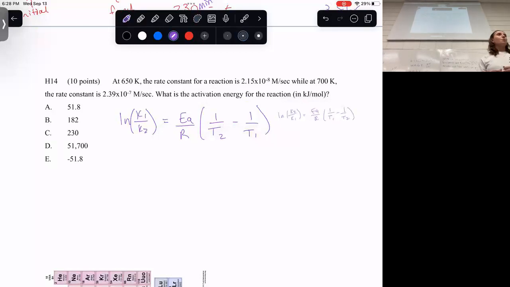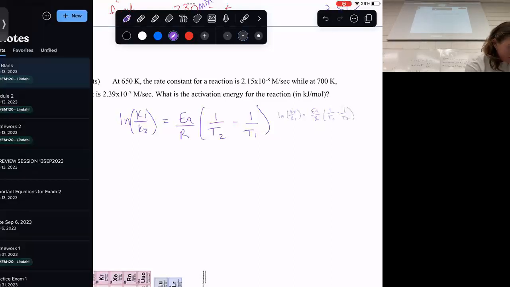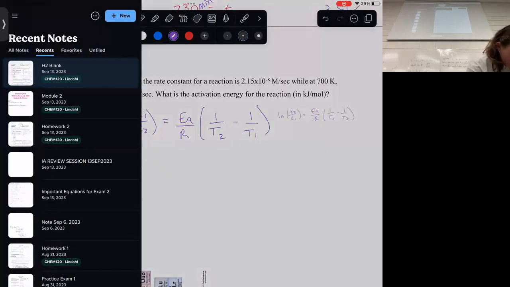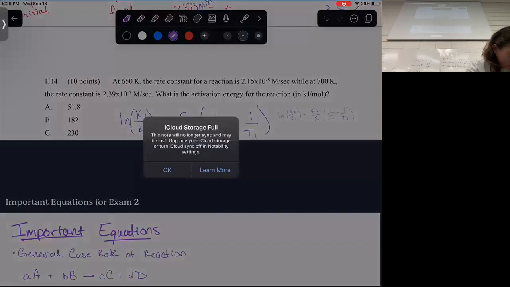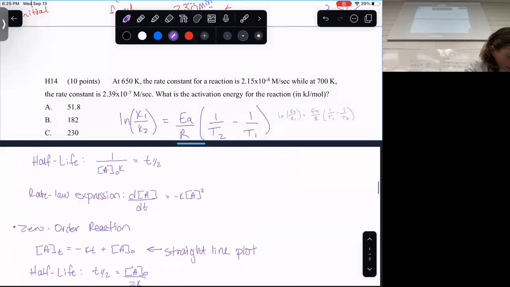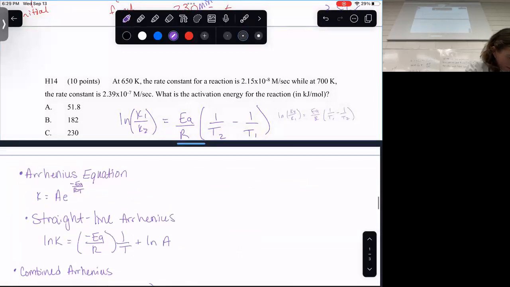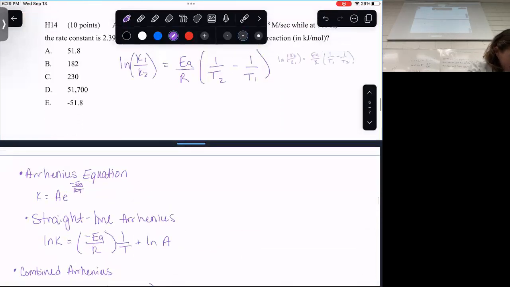It's mostly going to be this one, I think. I have the equations, I just don't remember it off the top of my head. I'm mostly used to the regular Arrhenius.